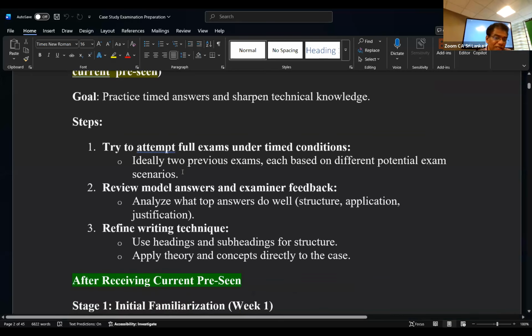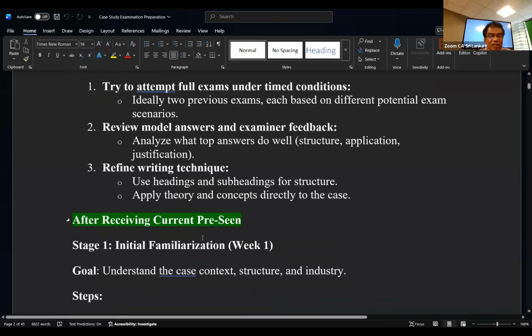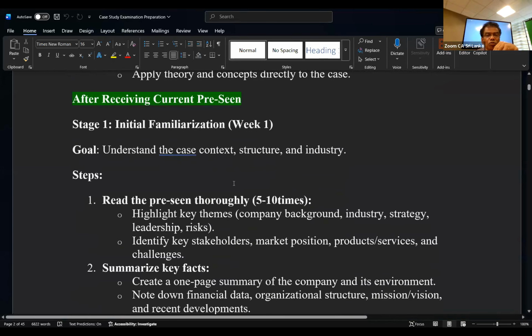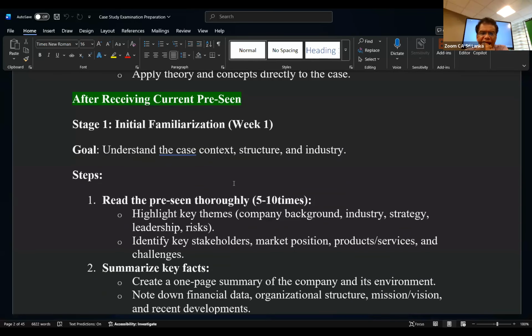Now there is no point talking about whether you have read the previous exam papers, case studies and examiners' comments. After receiving the current pre-seen, what do we do now? Immediately when you read it, it's boring.